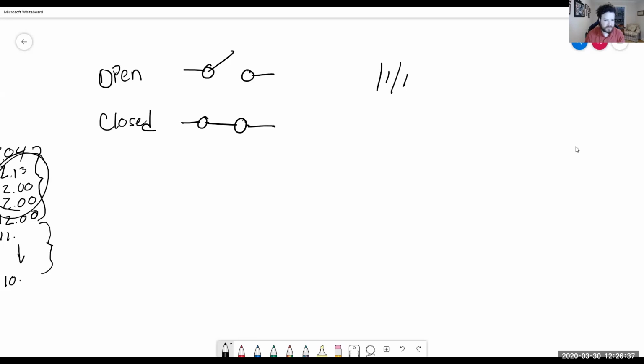This is the symbol for a switch. You can have different variations of that, but this is basically what you're going to see as a switch, or it could even just be a line that comes straight up like this. I just like this variation better because it at least tells you there is a switch there. Sometimes it might even have a little bit of what are called nodes, that'll look like that. So that's an open switch, and that's a closed switch.